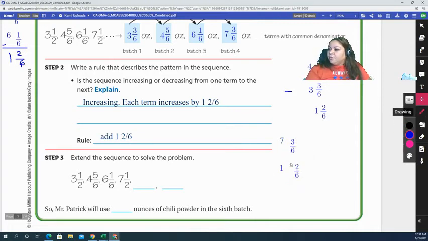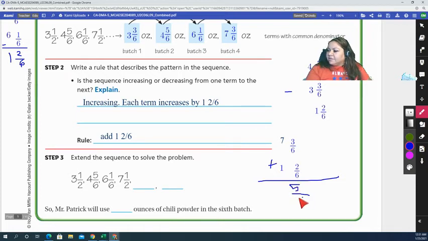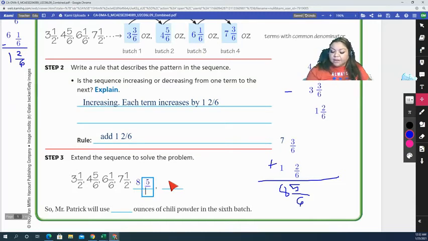And so that will give us 3 and 2 is 5/6, and 7 and 1 is 8. So that's our fifth batch, right? But that's not what the question is asking us for, right? It's asking us for batch number 6.